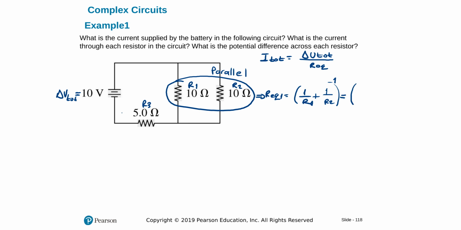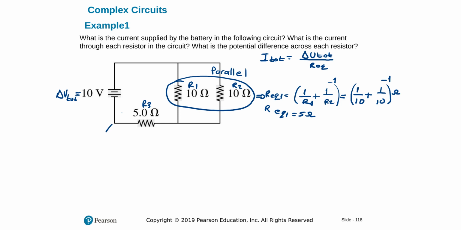We remember from the parallel circuits part, if we have 2 equal resistances in parallel, my result will be R over 2, and we will see it here. 1 over 10 plus 1 over 10, to the power minus 1, unit is ohm, I'll have 2 over 10, inverse it, 10 over 2, so R equivalent 1 will be 5 ohms. If you can't see this it's fine, just put in the numbers, take the inverse in your calculator correctly, you'll get the correct answer. So this part is overall equal to 5 ohms.